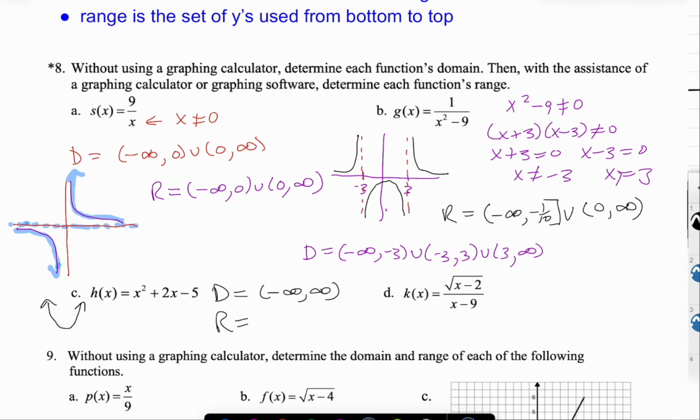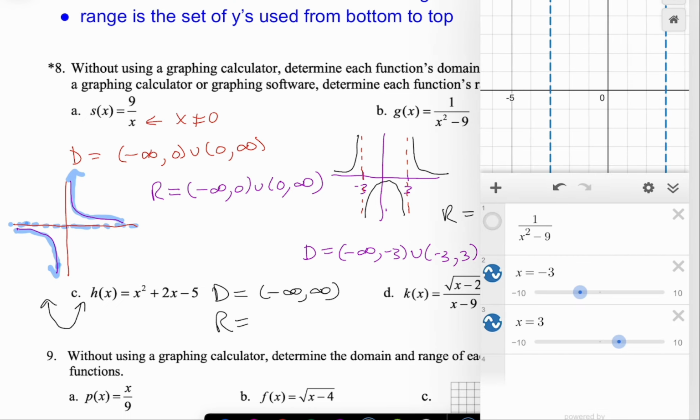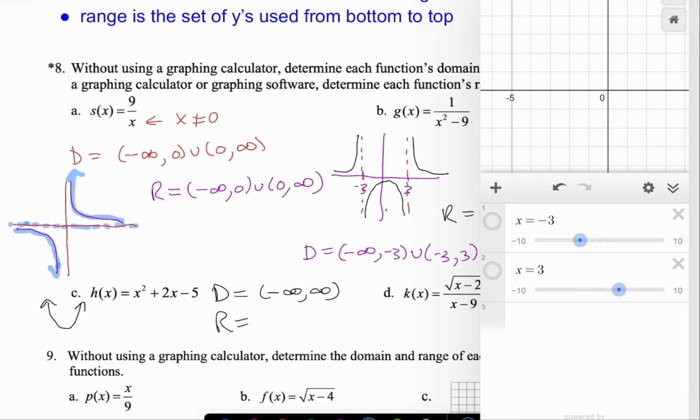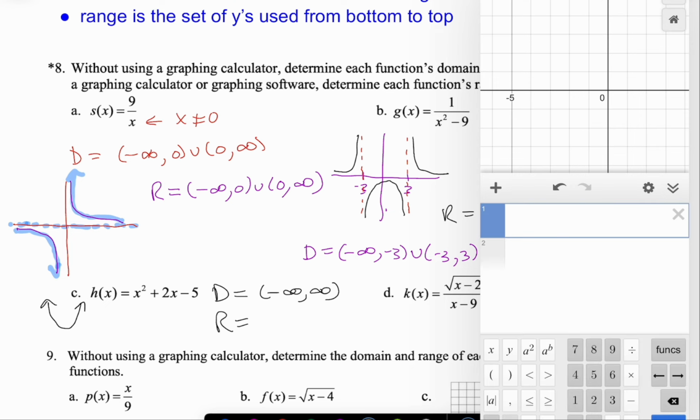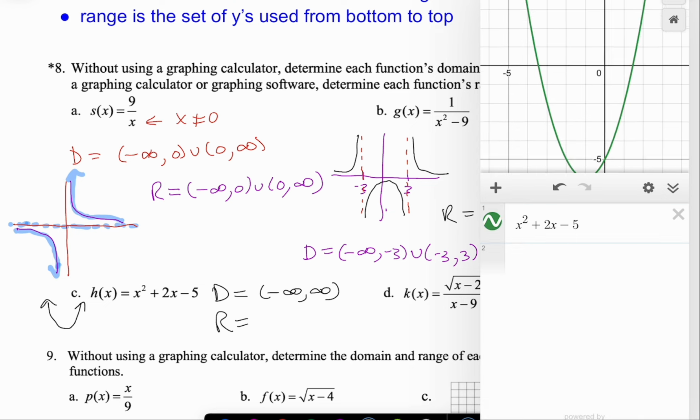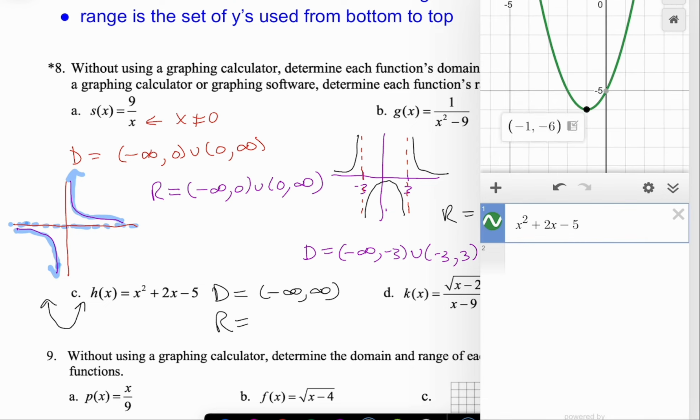So let's put that into Desmos. So if we do x squared plus 2x minus 5, let's go down to the graph. So let's draw a little rough sketch of the graph. And this point becomes super important, the point -1, -6.